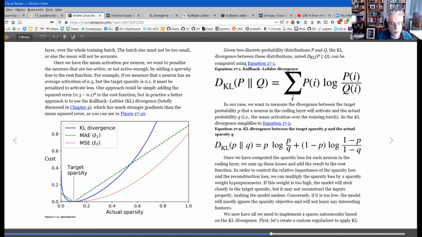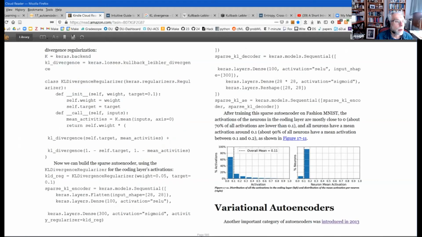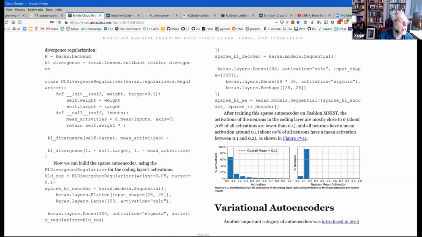And then we just put that into the loss function. And then he does that over here. Let's see, KL divergence, KL regularizer. I think he builds this class here. And let's see, one minus self.target, one minus mean activities.